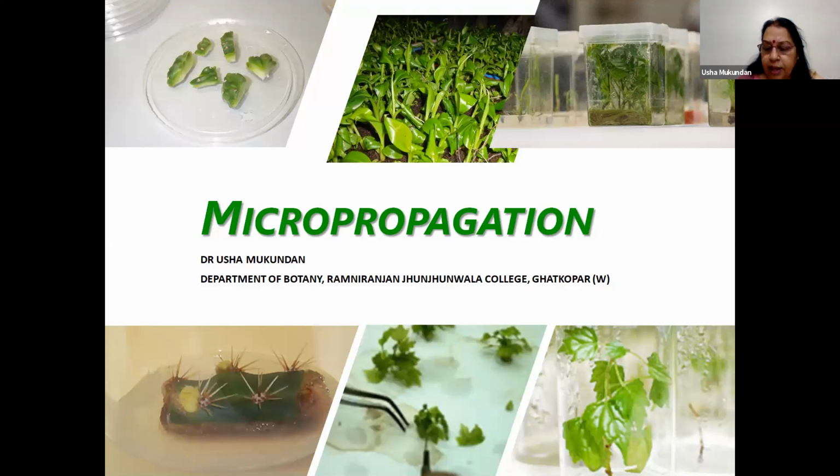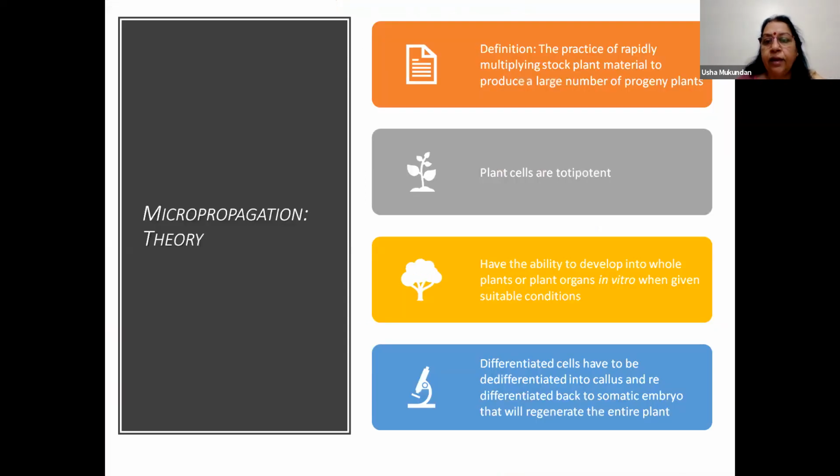So any plant material can be used, as I told you in the beginning, that plants are totipotent in nature. So given appropriate conditions, they will be able to divide, redivide, differentiate, and result in a plant.